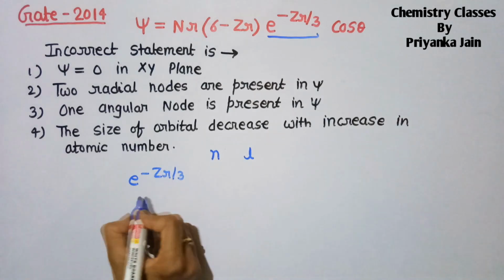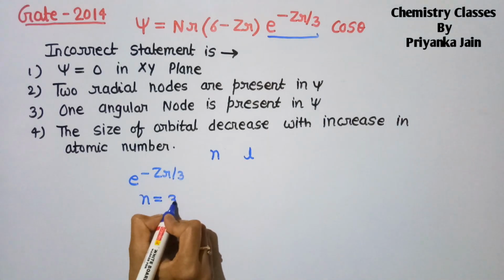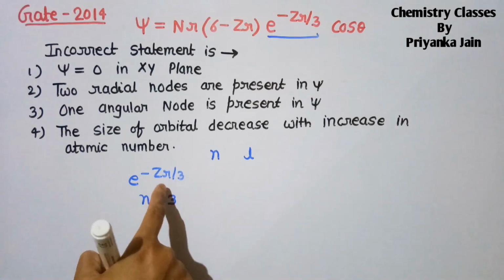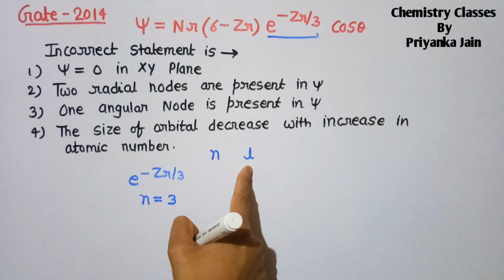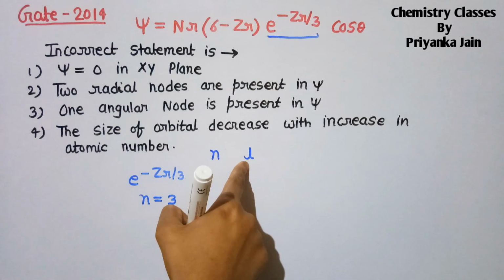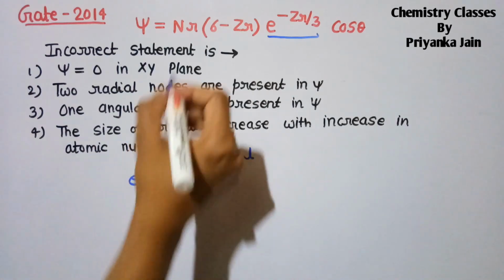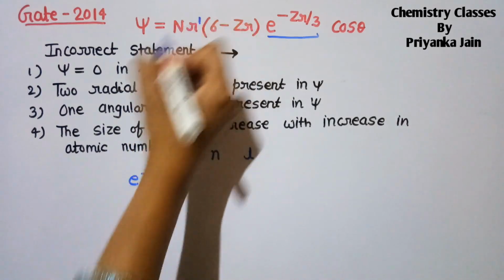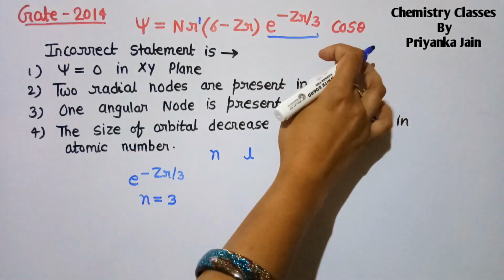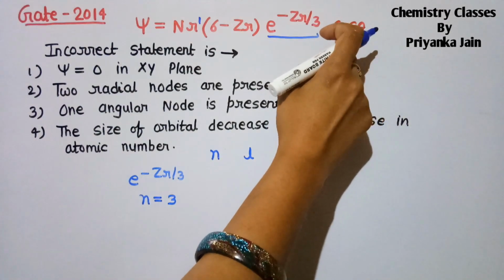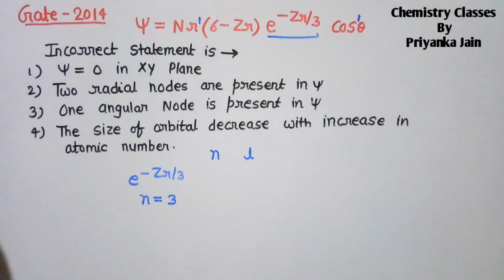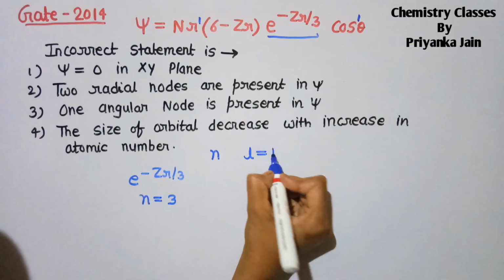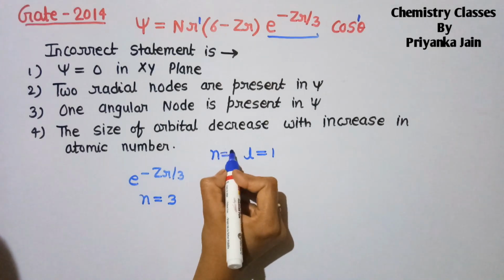It means the value of n will be equal to 3, right? Now we have to find the value of L, the minimum power of R, that is equal to 1. Similarly, you can see here cos theta is given to us, which is cos to power 1 theta. So the value of L is equal to 1, and the value of n is equal to 3.